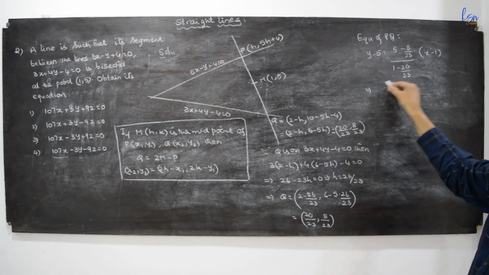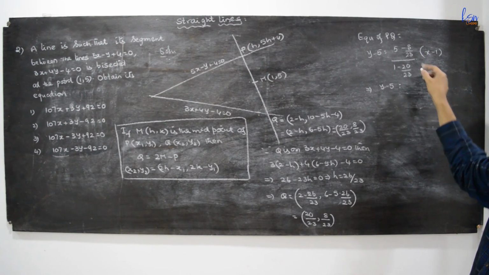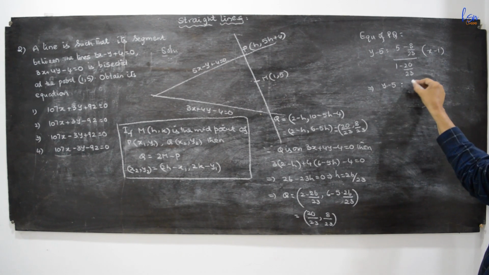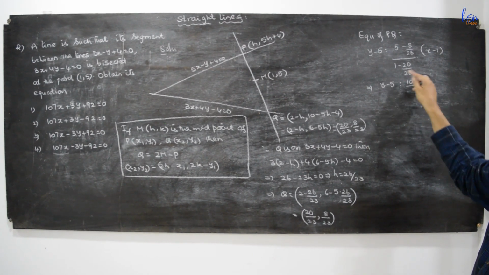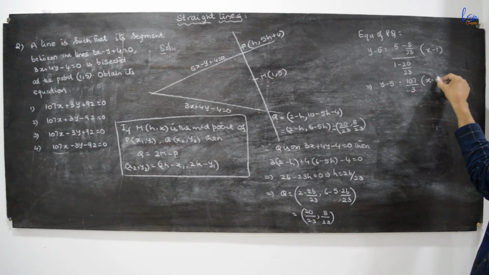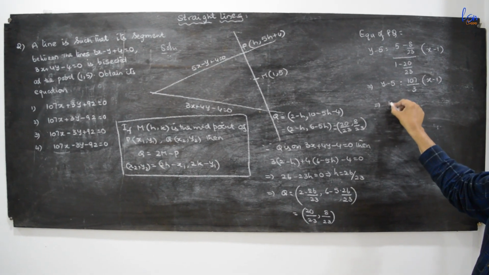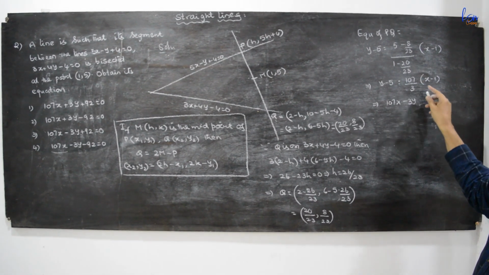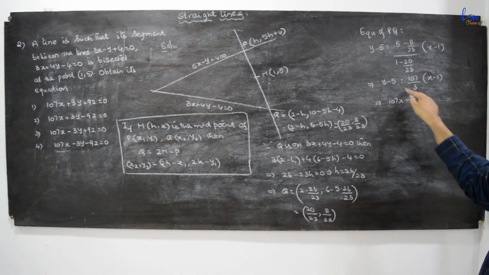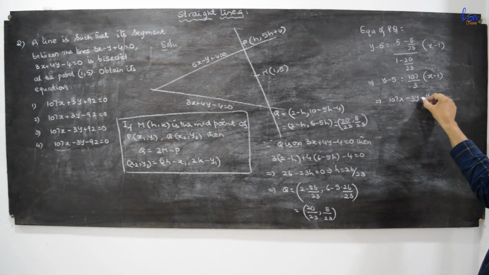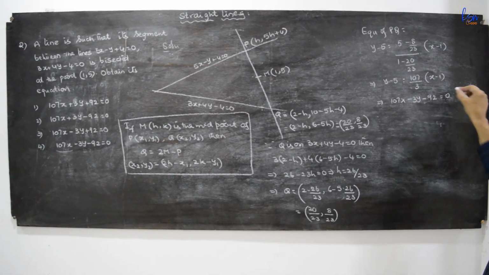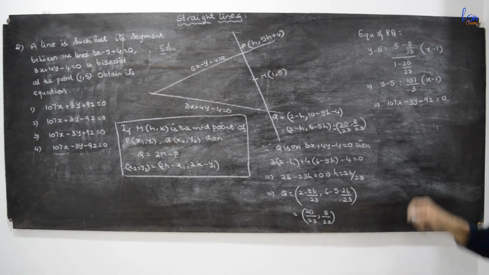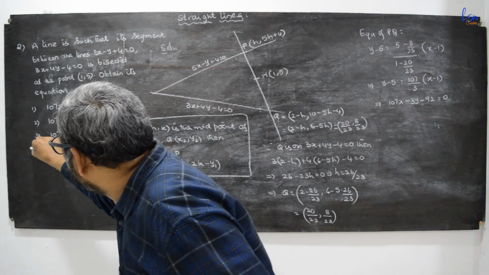This is y minus 5 is equal to 107 by 3 into (x minus 1). On simplification, we have 107x minus 3y minus 107 plus 15, so minus 92, is equal to 0. So our result is 107x minus 3y minus 92 equal to 0. That is the fourth option.